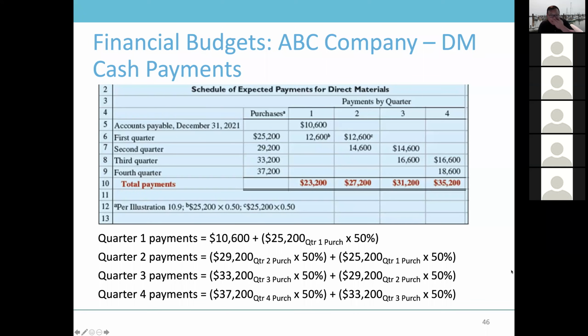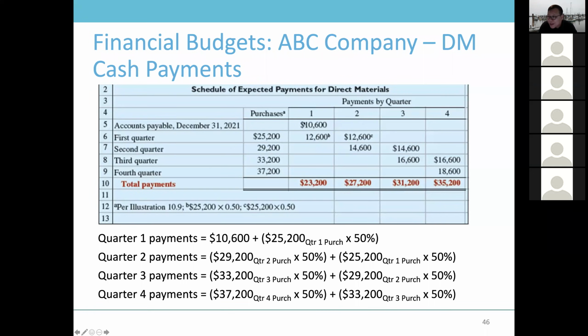Okay, so now let's think about the purchase, right? We are purchasing the direct materials, right? That's our purchase. So same idea, in any quarter, I am paying 50% of the purchase from the previous quarter and 50% of the purchase of the current quarter, right? So this one is the beginning balance of the first quarter. I had to pay this.